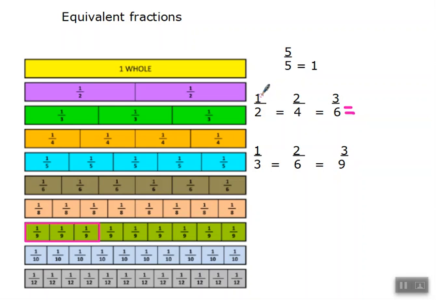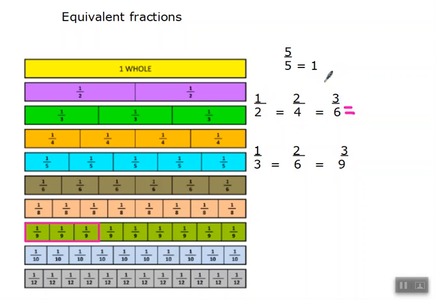I have to multiply 1 by 2 to get to 2. So here I have to multiply 2 by 2 and it gives me 4. Here I've multiplied 1 by 3 to get 3, and I multiply 2 by 3 and that gives me 6.